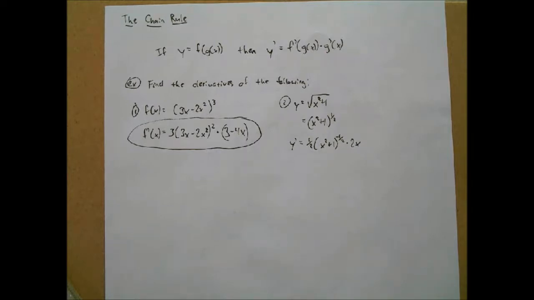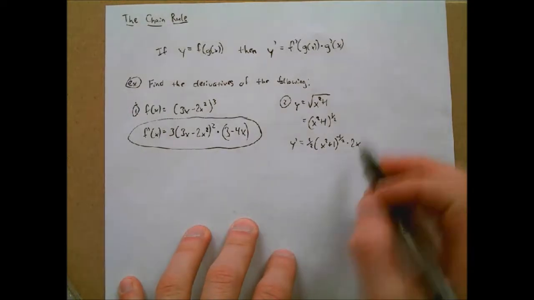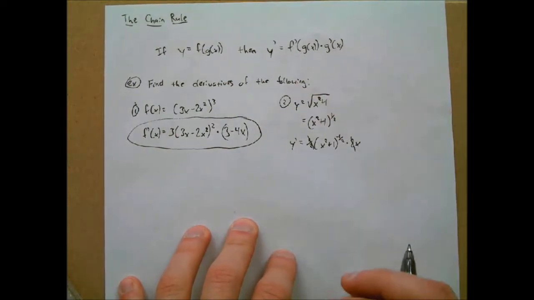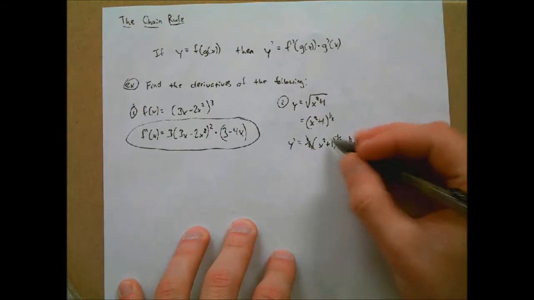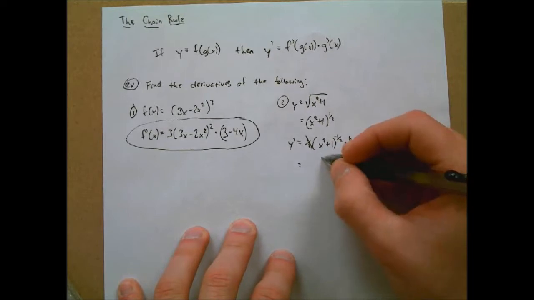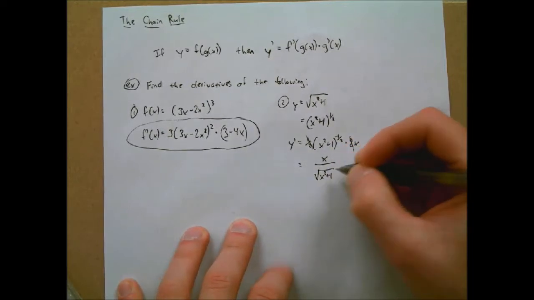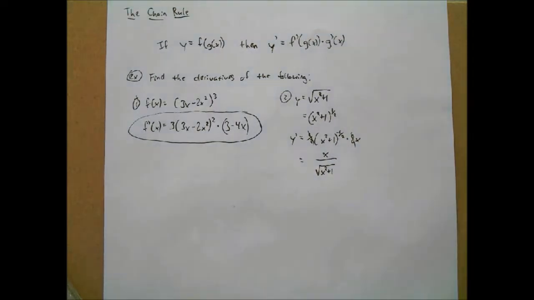The 1/2 will cancel with the 2 here, because 1/2 and 2 makes 1. And then this x squared plus 1 to the negative 1/2 we could put in the denominator. X will stay in the numerator, so we'll end up with this. I just want to show you that sometimes things do simplify nicely.